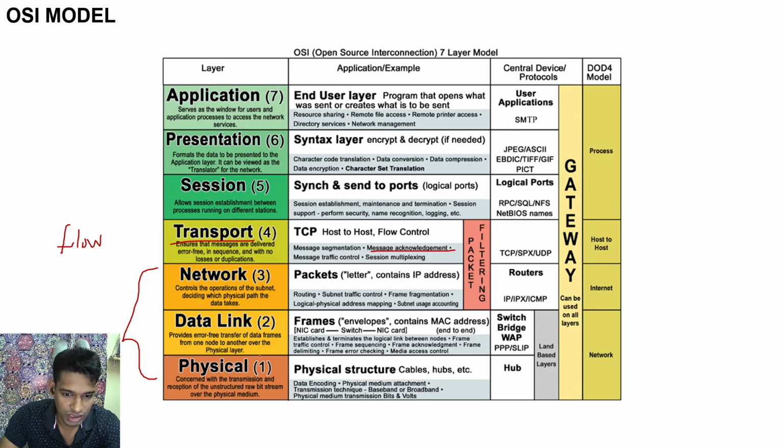The physical layer is solving the problem of the physical communication between devices. The data link layer is solving the problem of framing and local addressing in the local subnet, and the network layer is taking care of the problem of routing. The transport layer is taking care of the problem of acknowledgement, segmentation, and flow control.